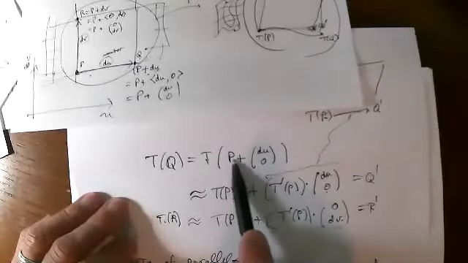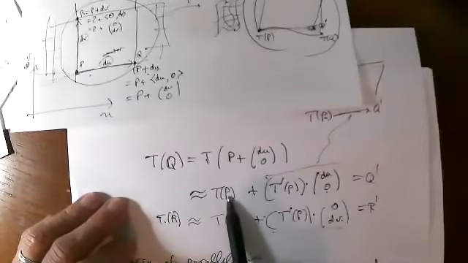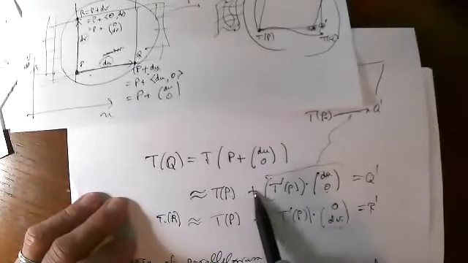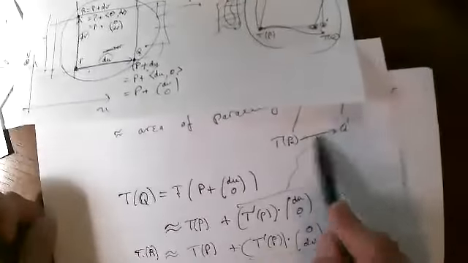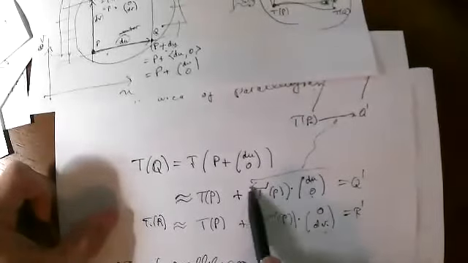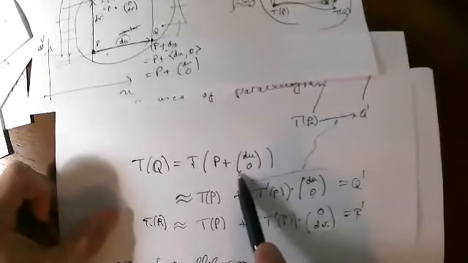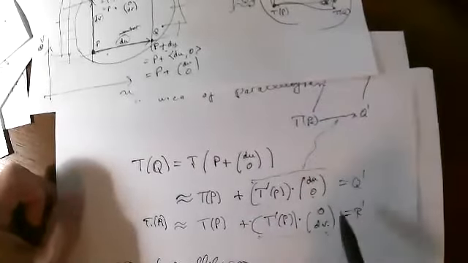If you started off close to P, of course you expect to end up close to T of P, but you're displaced away from there a little bit. Exactly this displacement vector is computed by multiplying this matrix times the vector of displacement you had in the first place, in the domain.